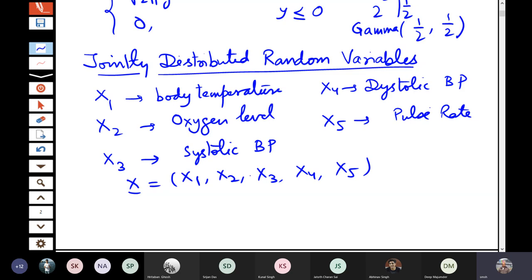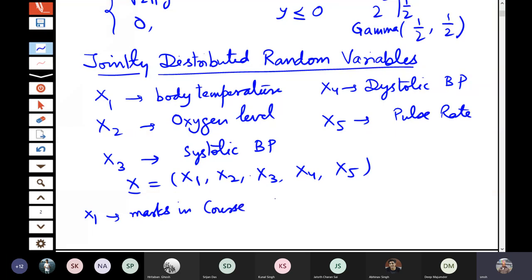Oxygen level can be between 90 to 100, and if it is poor, then of course it can be much less also. But overall what we are saying is that it has a distribution. Similarly, you can have say X1 could be marks in course 1.